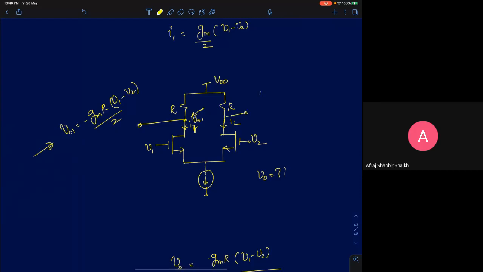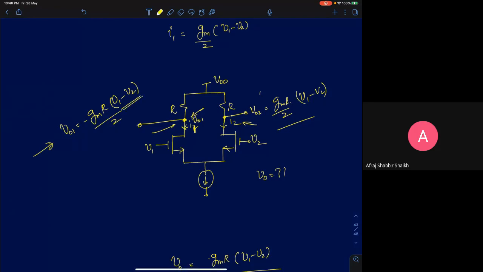What will be VO2 here? VO2, I can write it as plus GMR by 2 into V1 minus V2. So now I have generated, if you look at the individual drain voltages, they are already proportional to the difference between the two voltages.